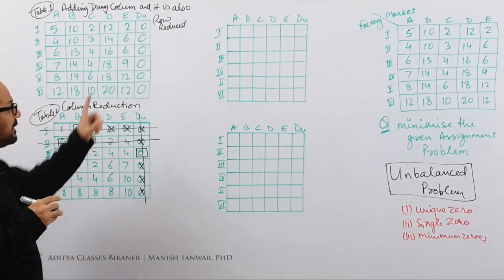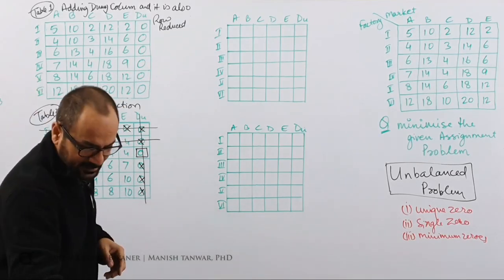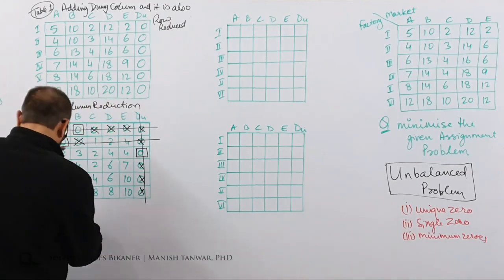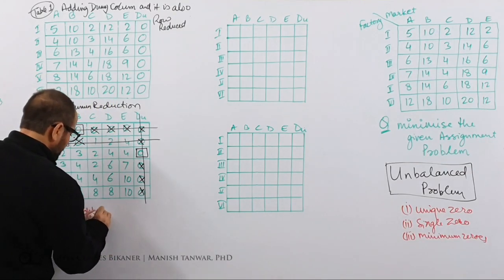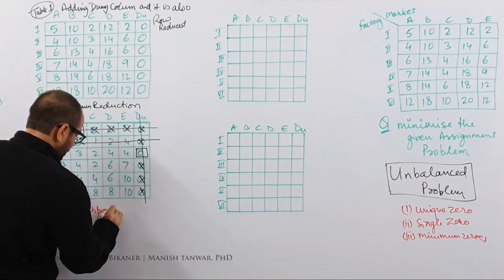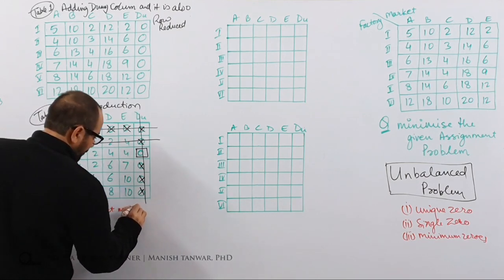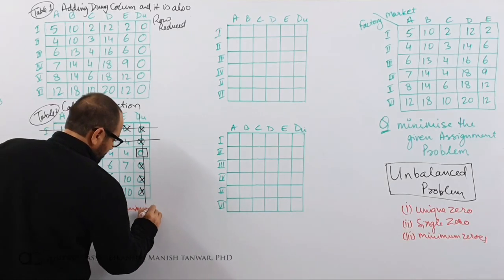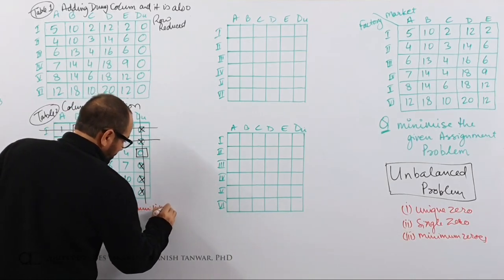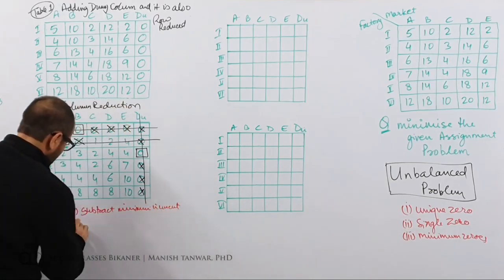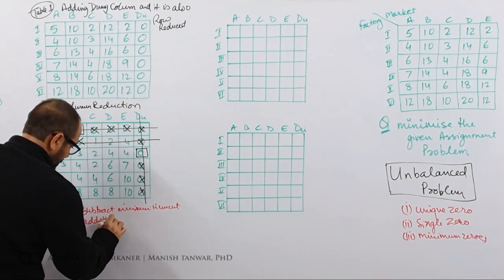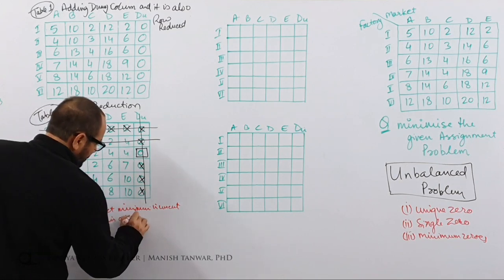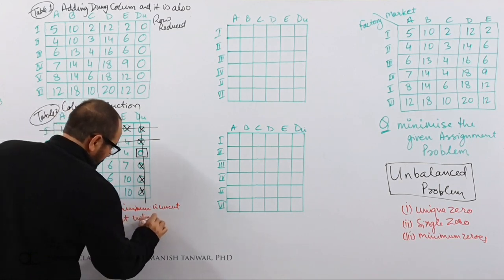Now the next step is taking these to our new matrix. What were the 3 steps? First, subtract the minimum in the uncut cells. Second step is to add this at the intersections.